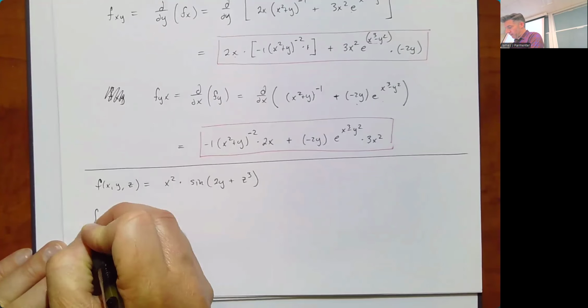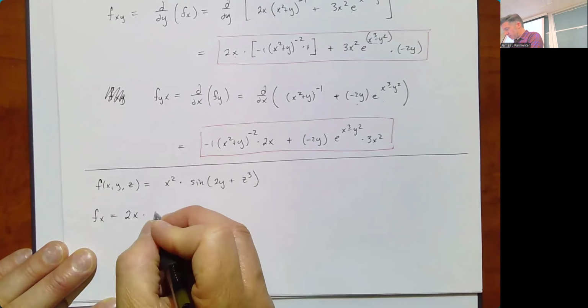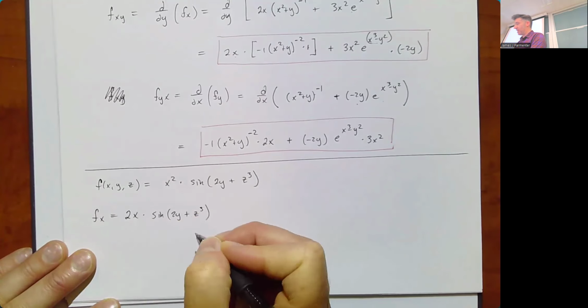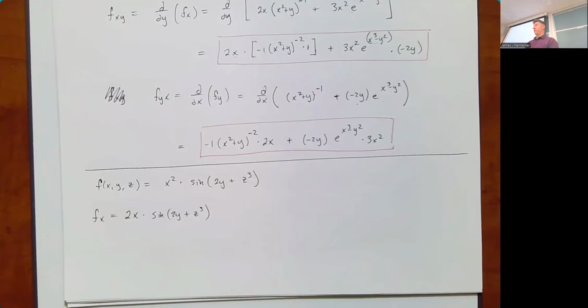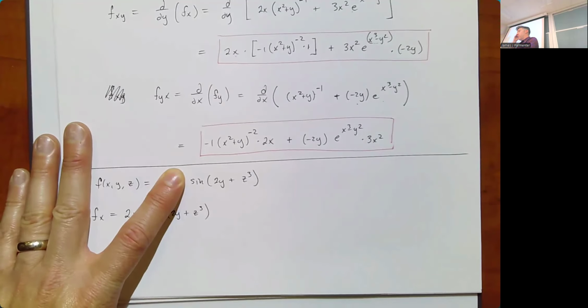So certainly our fx would be 2x times that constant. It really does pay to get used to just saying whatever variables I'm not differentiating with respect to, they're going to be a constant. So once I saw that there wasn't an x over there, I'm like, great, that's a constant, at least for the moment.